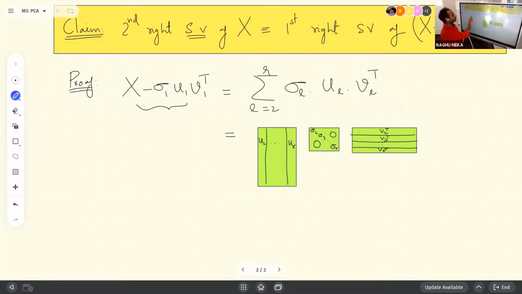Okay. So X minus sigma 1 u1 v1 transpose is exactly this.